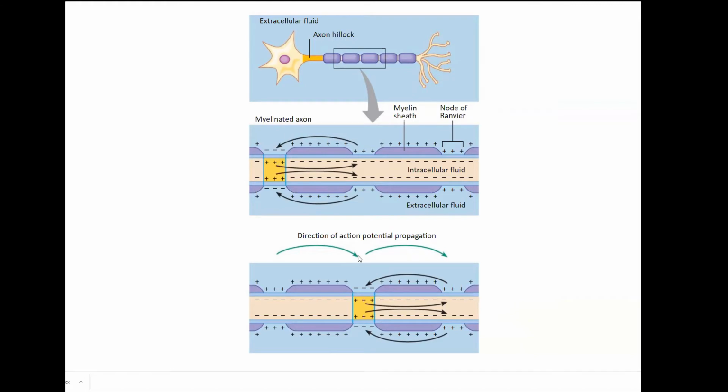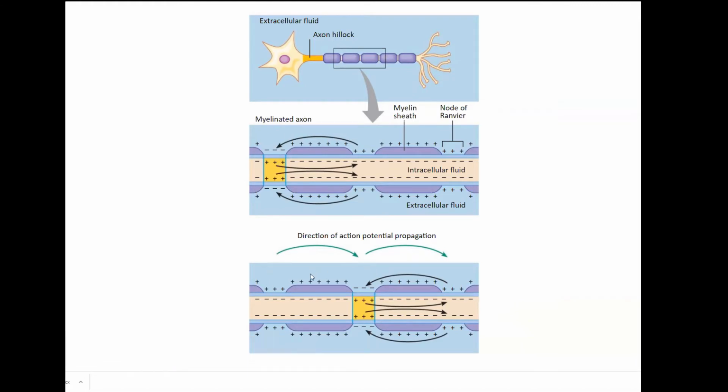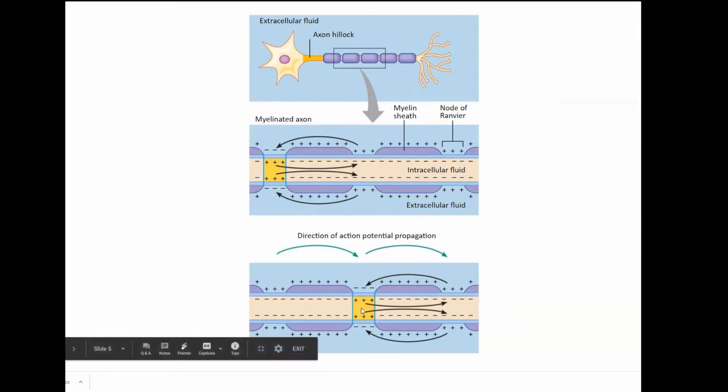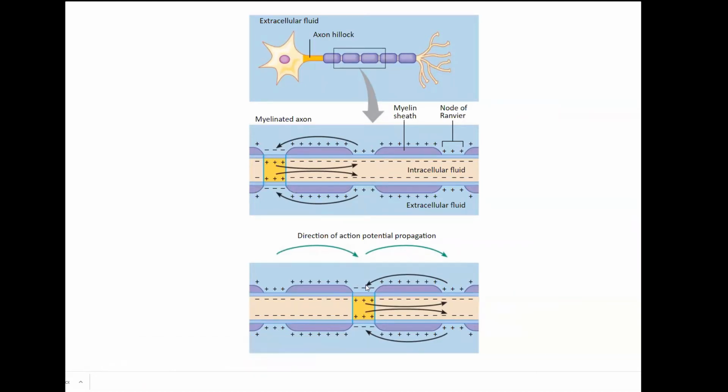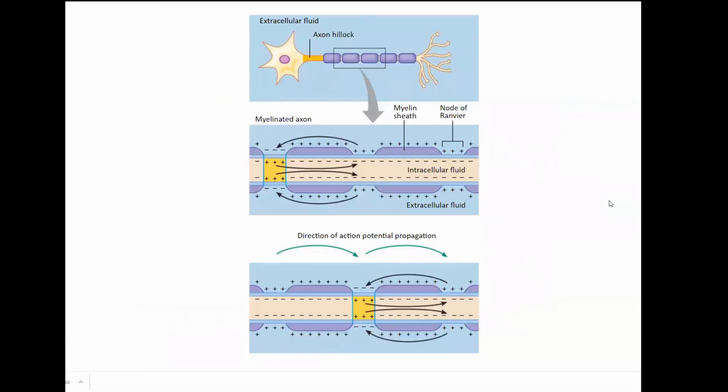And then this is our next moment in time, and we can see that that depolarization jumped. It jumped and triggered the depolarization of this second portion of exposed membrane in the node of Ranvier between the myelin. Okay. So any lingering questions about propagation here down the axon?